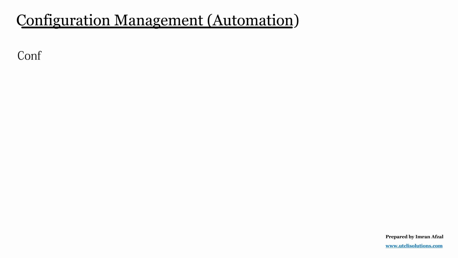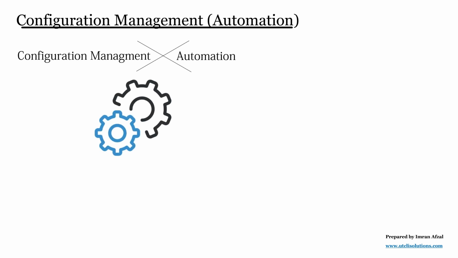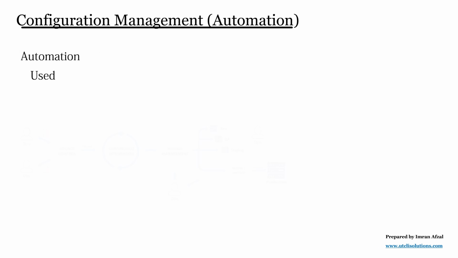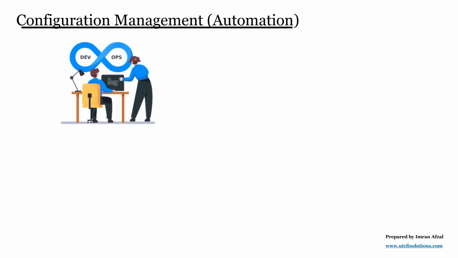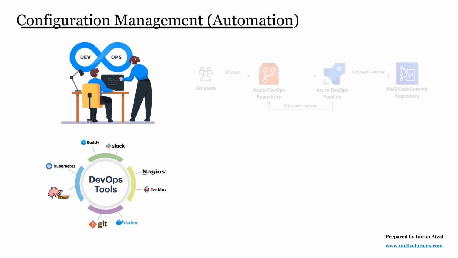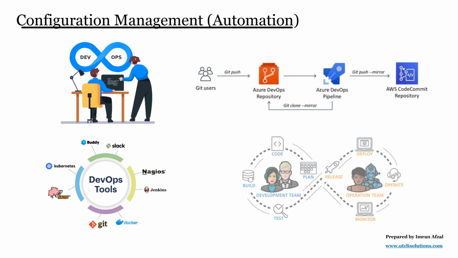Please note that configuration management and automation are not the same processes. Rather, automation is used in configuration management to make the procedure work quickly and flawlessly. In DevOps, configuration management is the set of practices and tools for automatically managing and controlling the configuration of software and its basic infrastructure throughout its entire development and deployment process.